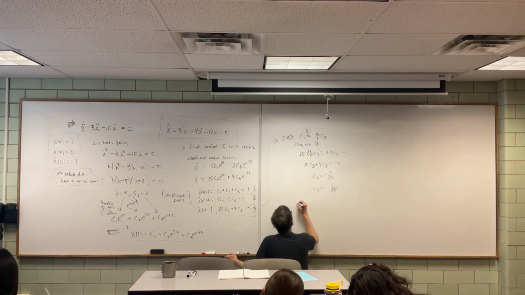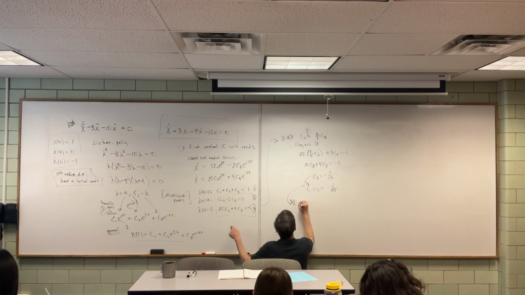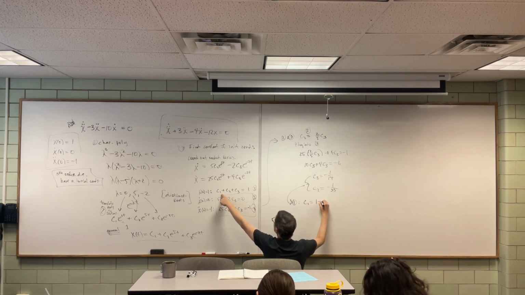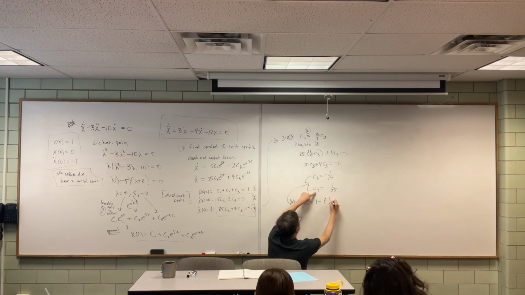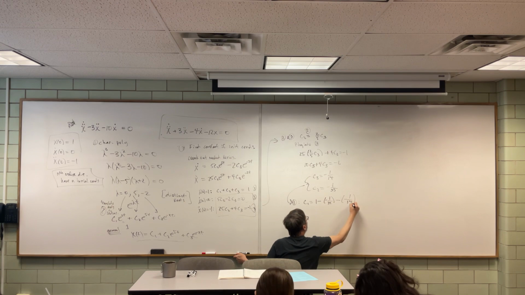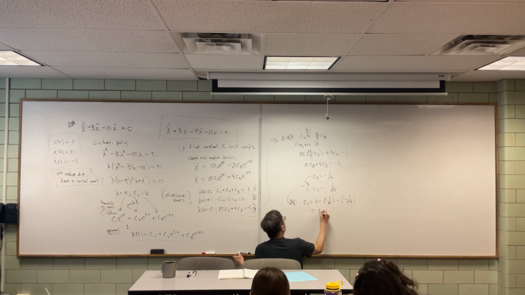Thank you. And then I'm going to plug both of these into equation 1, and what I'm going to get from that is C1 equals 1 minus C2 minus C3, and at this point I don't care what that is. It's something.